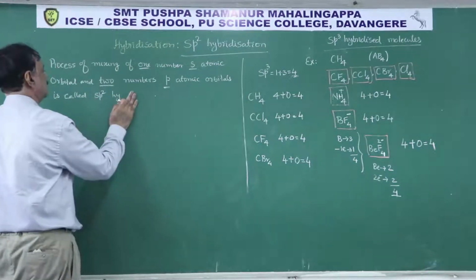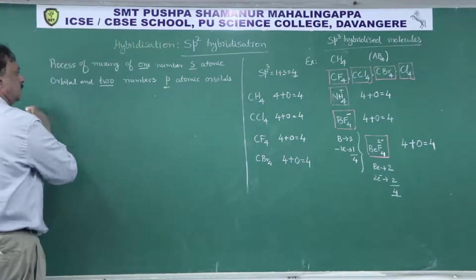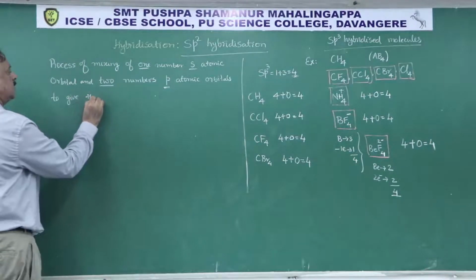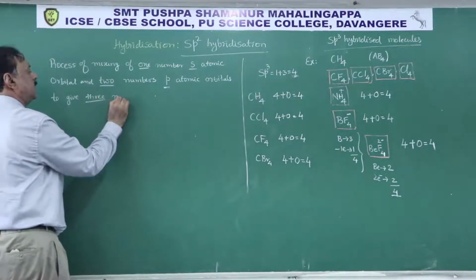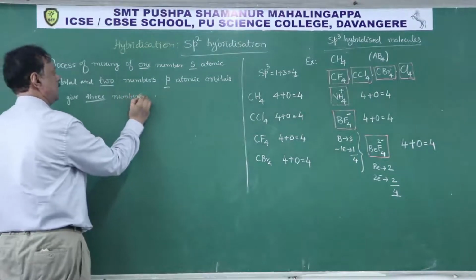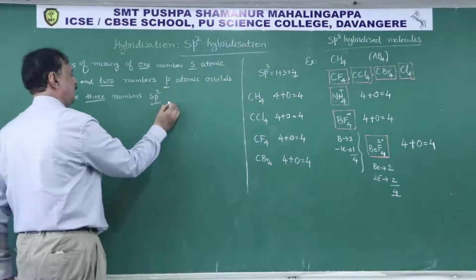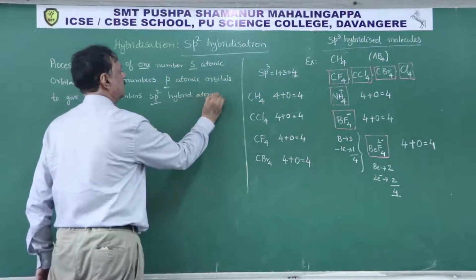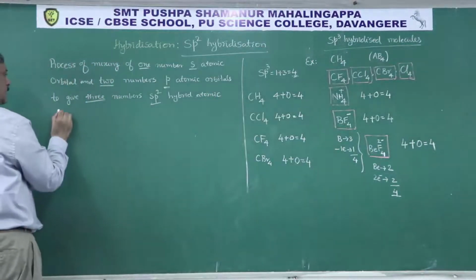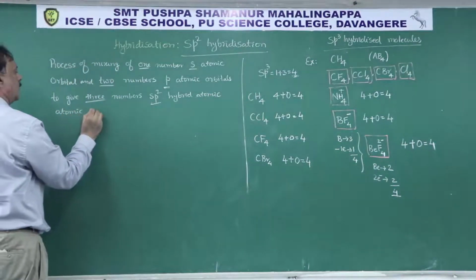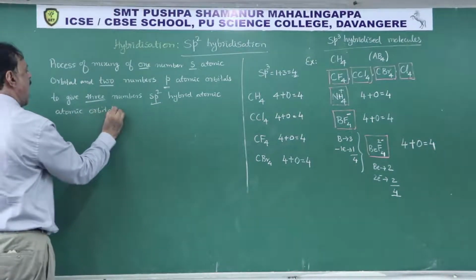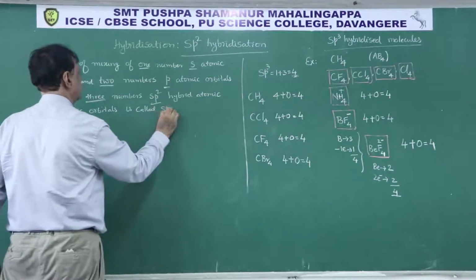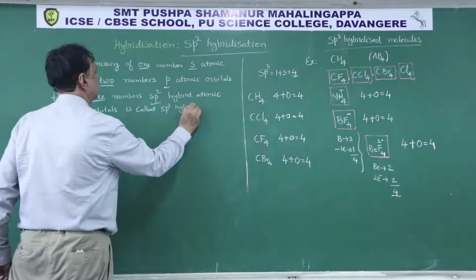Atomic orbitals to give three sp2 hybrid atomic orbitals, it's called sp2 hybridization.